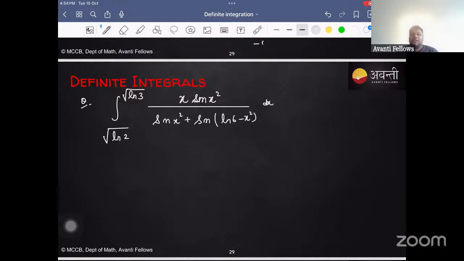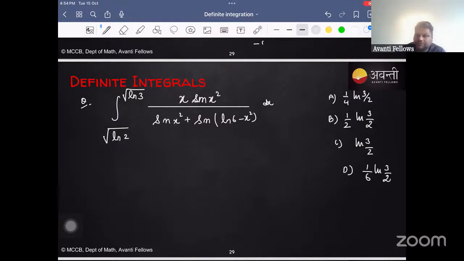Yes. Give it a try. How do you do it? Options are 1 by 4 ln 3 by 2, 1 by 2 ln 3 by 2, ln of 3 by 2, 1 by 6 ln 3 by 2.